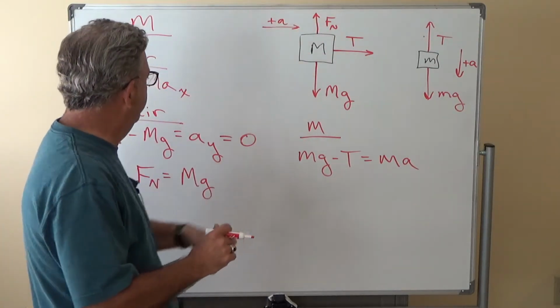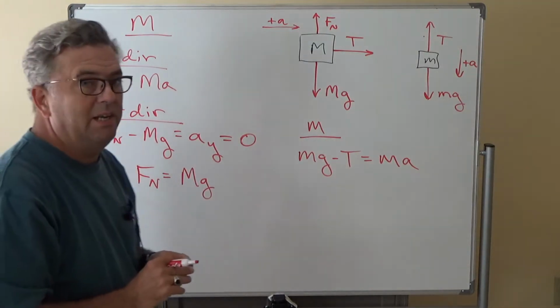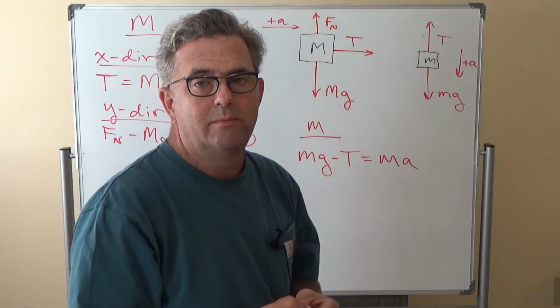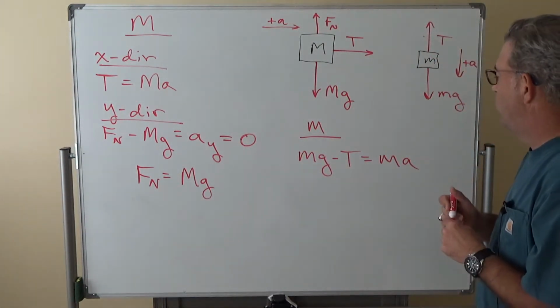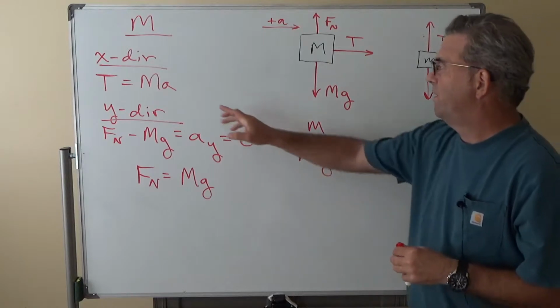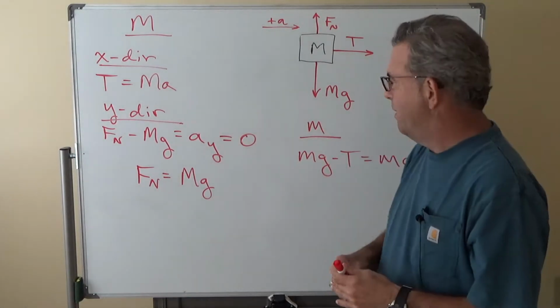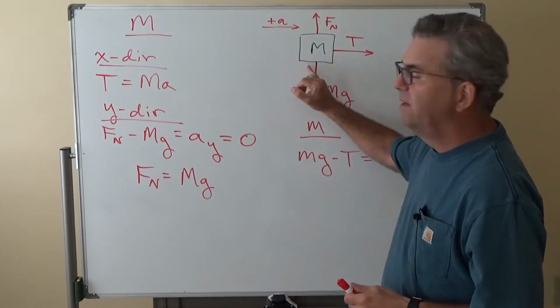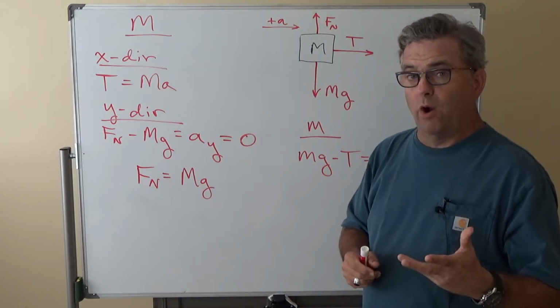That's the positive acceleration direction. So that just says that T is equal to big M a. That way, when I want to solve for the acceleration, I have a common acceleration between the little mass and the big mass.